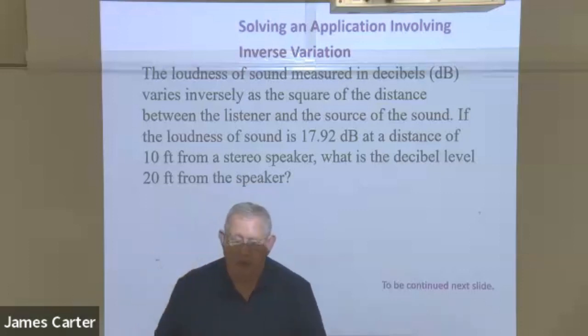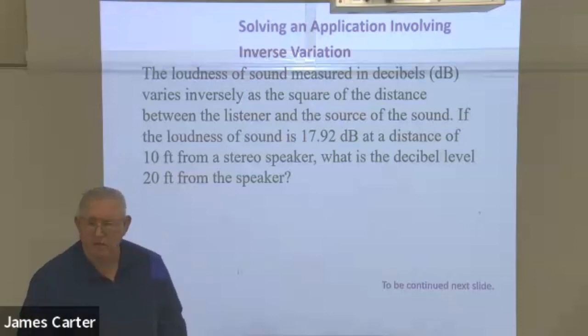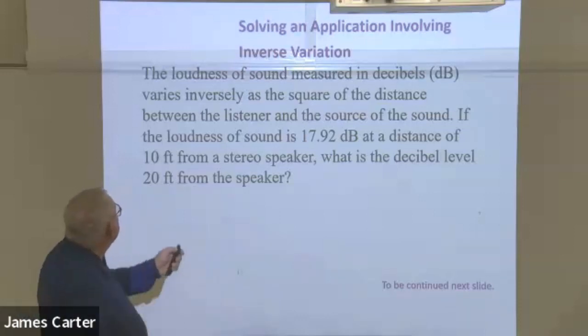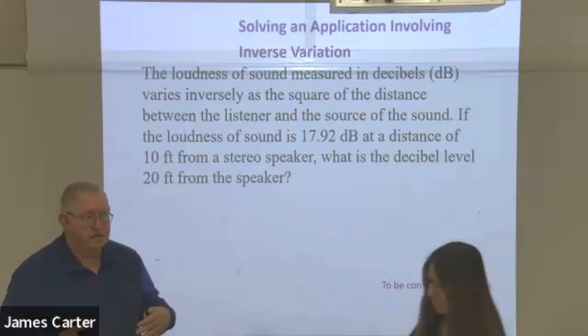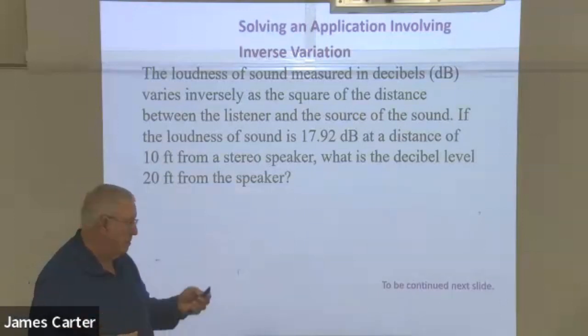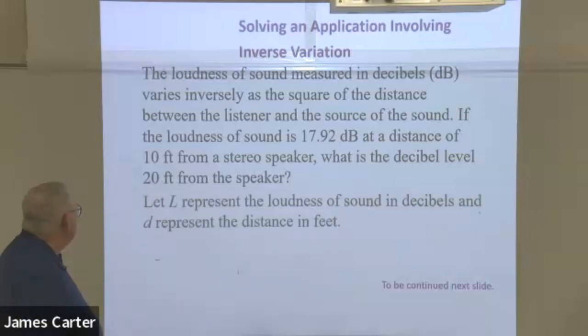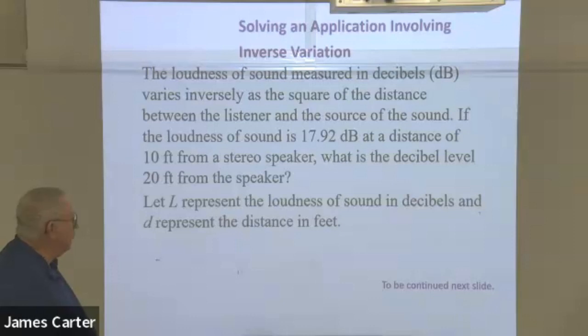And now, what has this formula got to do with this? This says if we were farther back, it would have been more tolerable because the loudness of the sound would have been perceived as less. Okay, that's what this problem is about. Now, if you let L represent loudness, which represents decibels, and D represents how far you are from the source of your speakers, there's the formula.